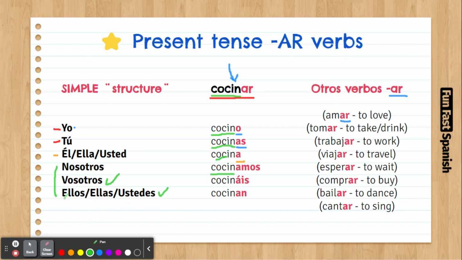So let's carry on here. Ellos, which means they. Ellas is also they, only if it's just females. Ellos cocinan, again, cocinan. Ellas cocinan and ustedes cocinan.